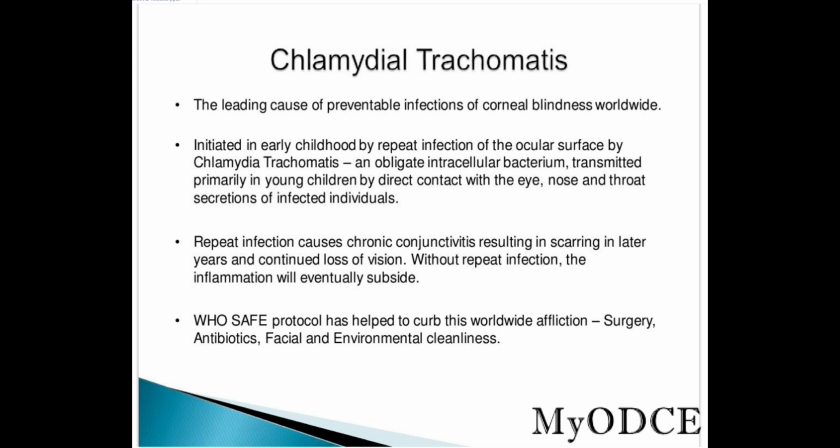It is usually initiated in early childhood by repeat infection of the ocular surface by C. trachomatis, which, to refresh our memories, is an obligate intracellular bacterium transmitted primarily in young children by direct contact with the eye, nose, and throat secretions of infected individuals.